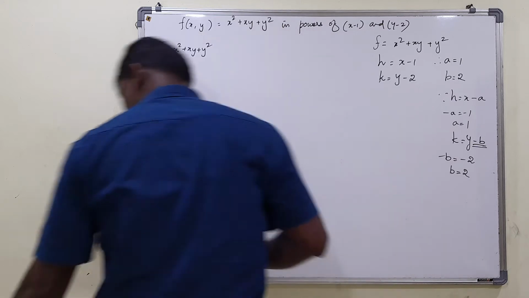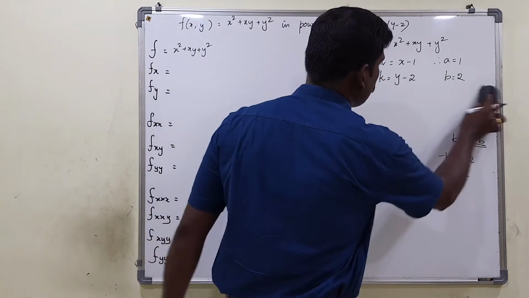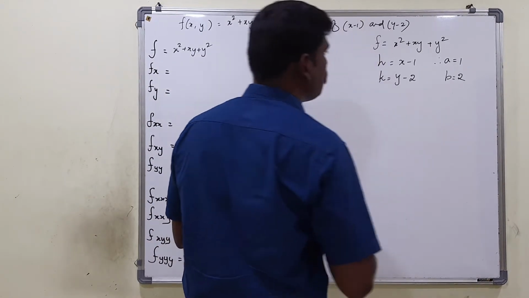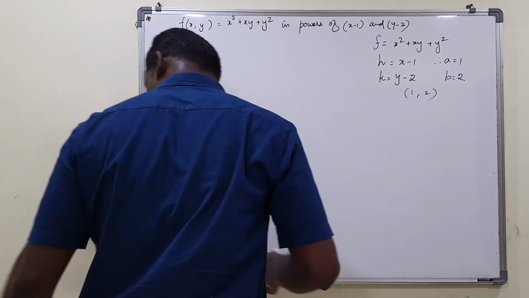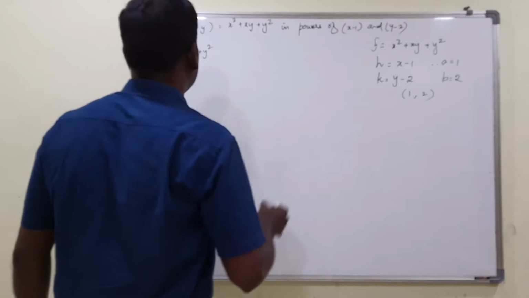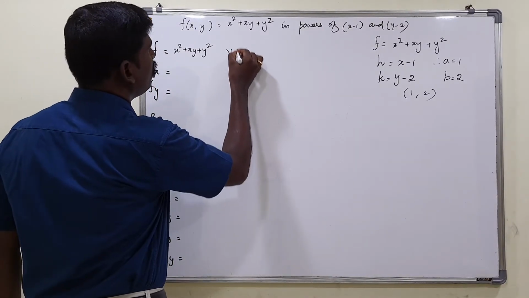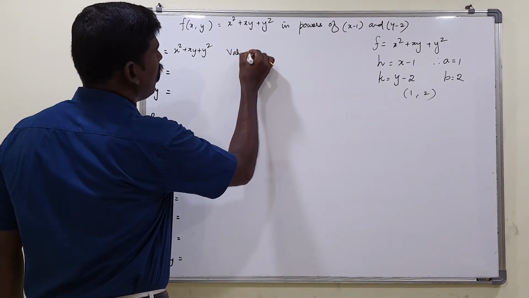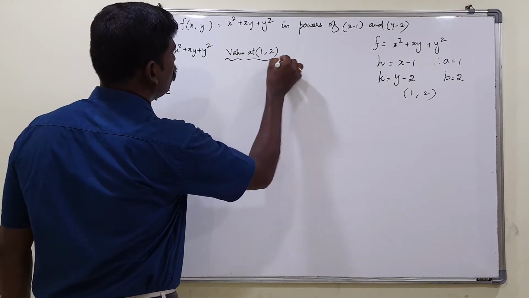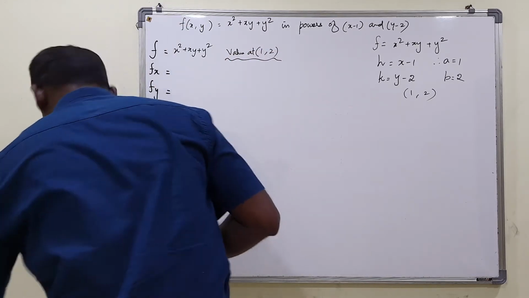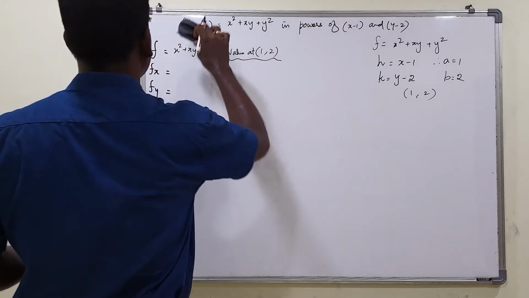So I have to find the values of a and b, and I am going to find the Taylor series expansion about the point 1 comma 2.